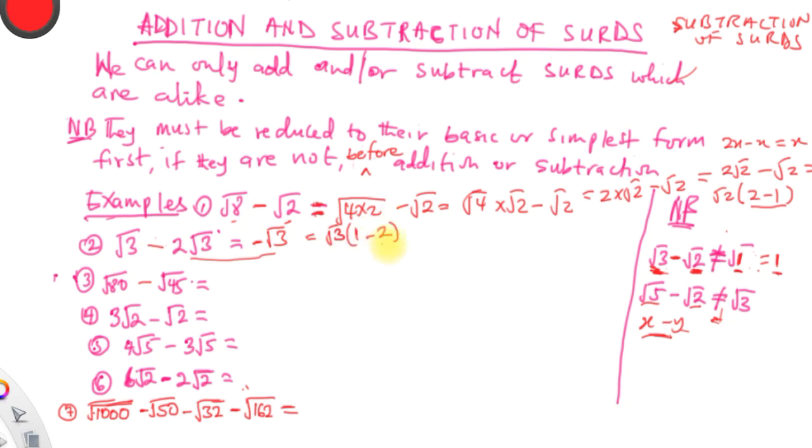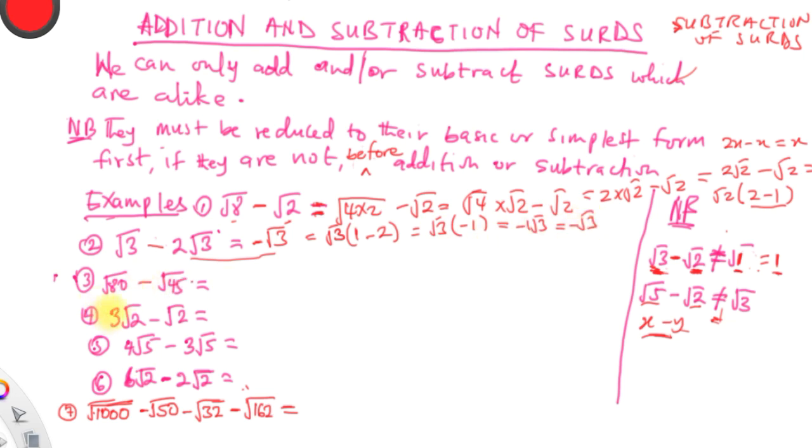Close the bracket, so minus 2 times square root of 3 gets minus 2 root 3. So this is equal to square root of 3 times the bracket. What is 1 minus 2? 1 minus 2 is minus 1. So we get negative 1 times square root of 3, which is negative root 3. That's what it means. Okay, so that is it.